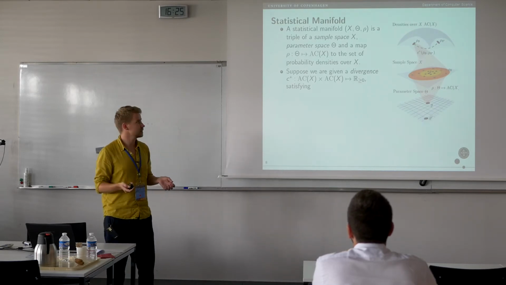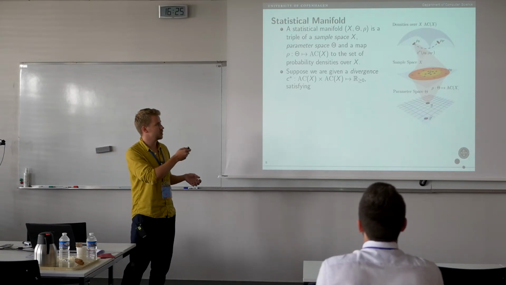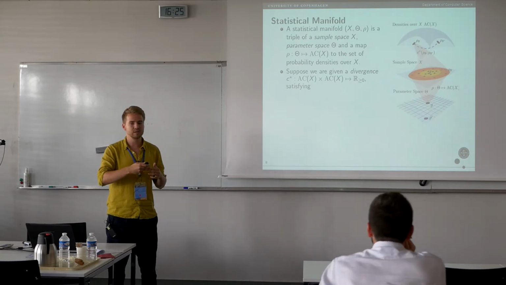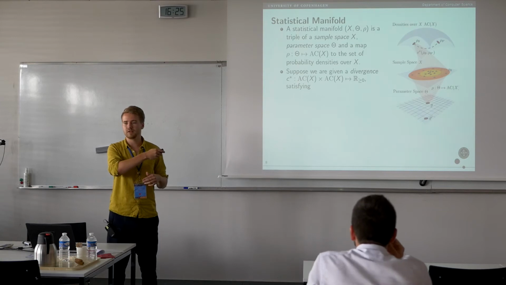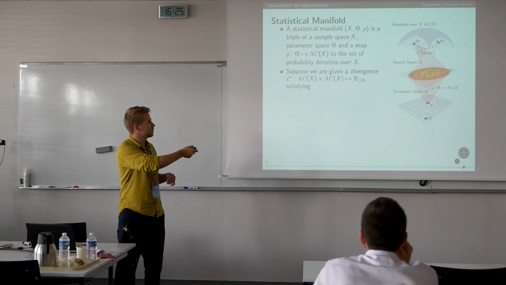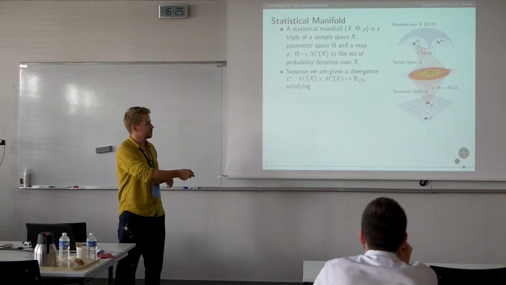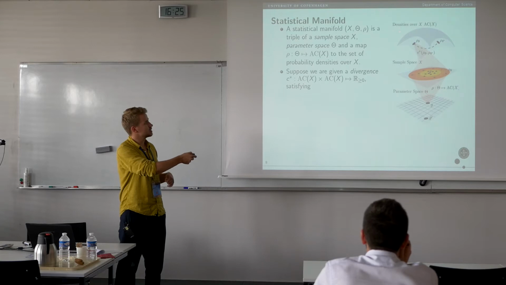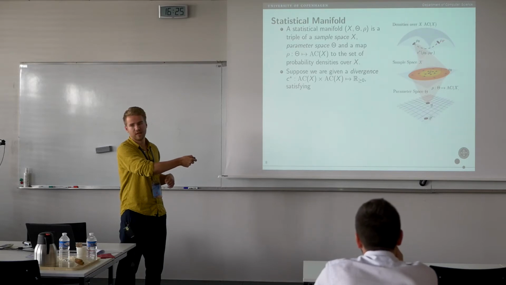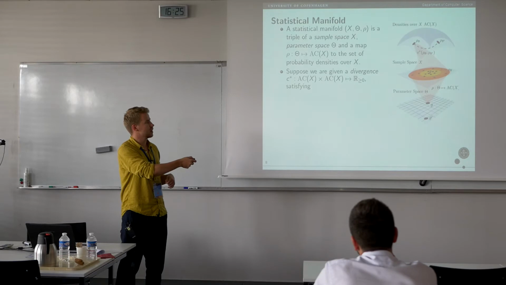But note that the similarity measure here can also be applied to a point that is outside of that manifold, because this manifold that you see here is just the one that you get from this chart given by rho. But there might be some kind of probability measure here that is not covered by the manifold. But let's say that the rho theta here is the projection of that for now under this similarity measure.